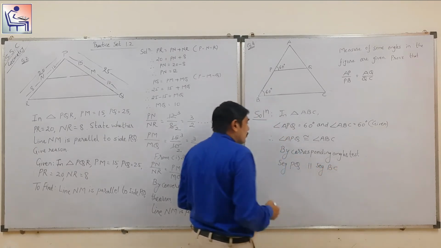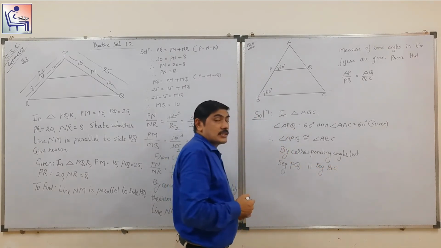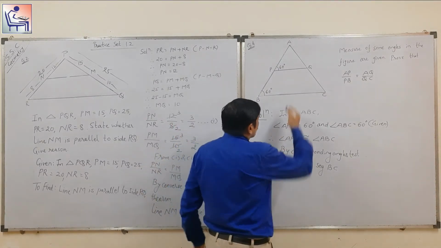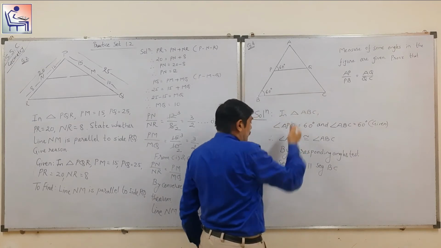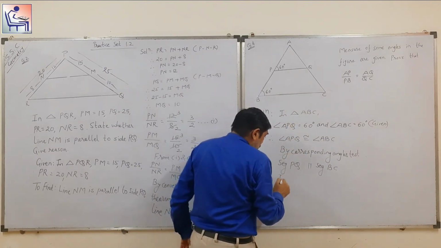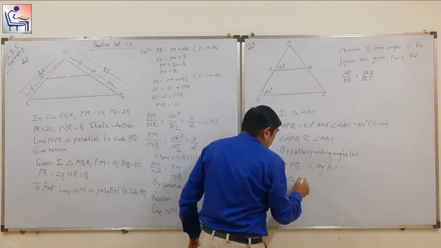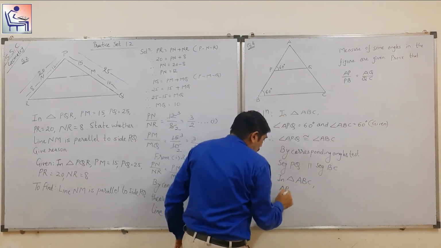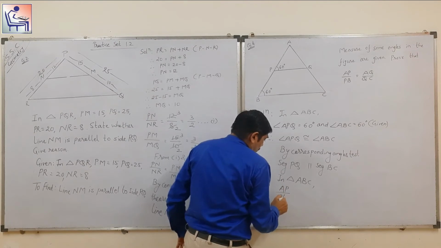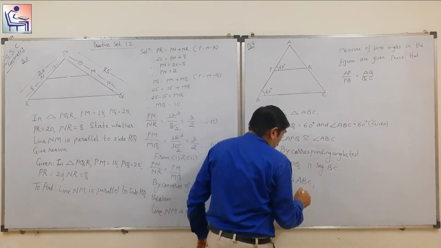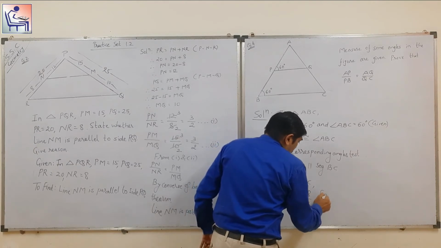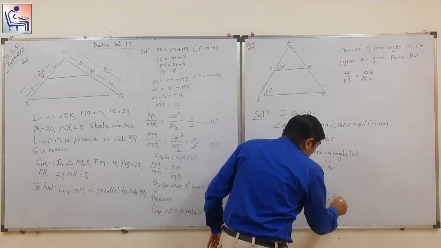Why can we say this? Because of the corresponding angles test of two parallel lines. And now, if these two lines are parallel, then in triangle ABC, AP upon PB is equal to AQ upon QC by the basic proportionality theorem.